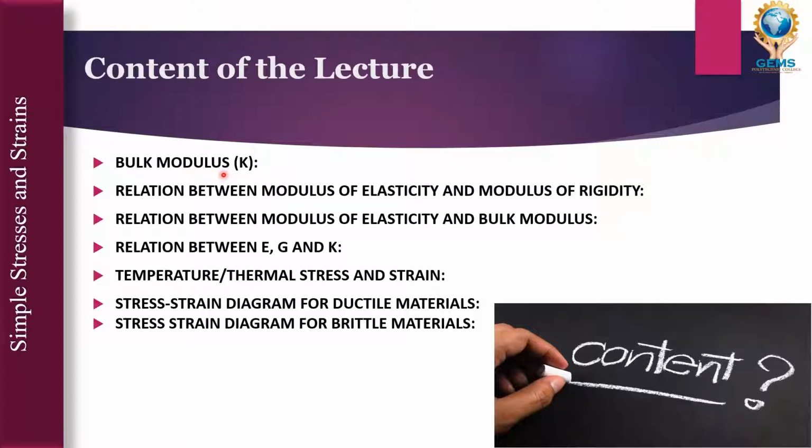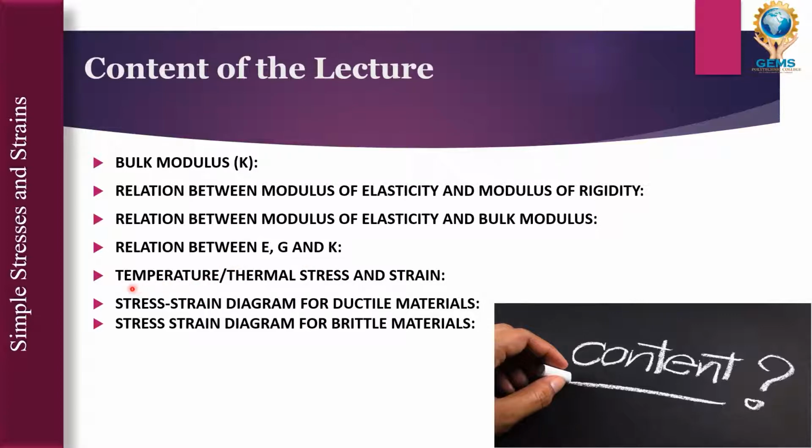First one we will see bulk modulus. Second one, relation between modulus of elasticity and modulus of rigidity. Third one, relation between modulus of elasticity and bulk modulus. Fourth one, relation between E, G and K. That means modulus of elasticity, bulk modulus and modulus of rigidity.